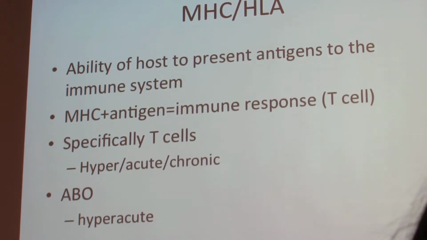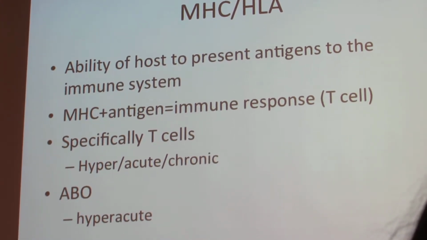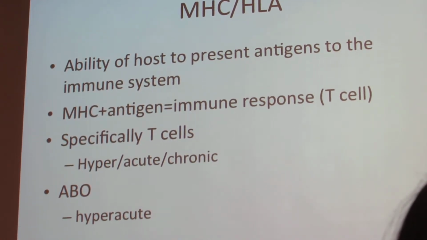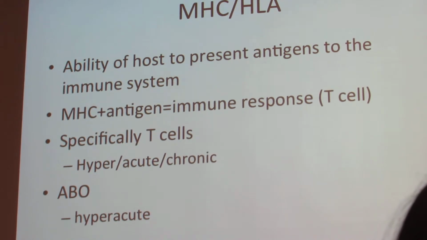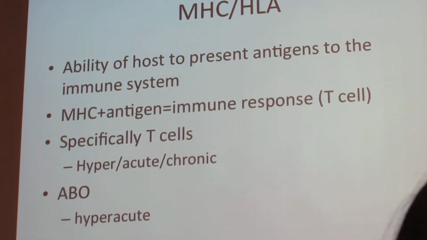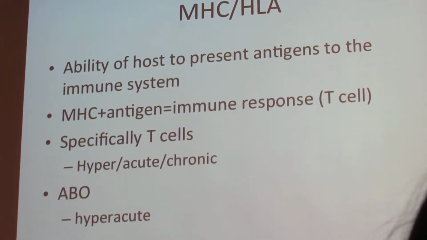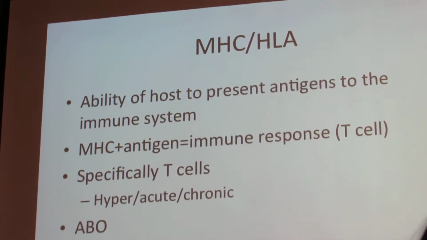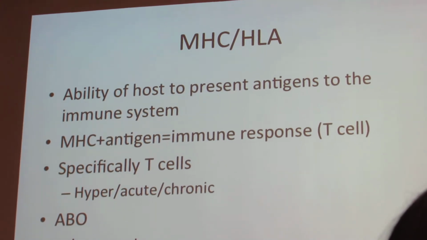So that protein is what we call the MHC/HLA. MHC is the very broad term that corresponds to vertebrates across the board. The HLA is the human leukocyte antigen, which is just the same term but specific for humans. Right? Does that make sense? That refers to that protein that's mediating the connection between your T cells and the antigen.